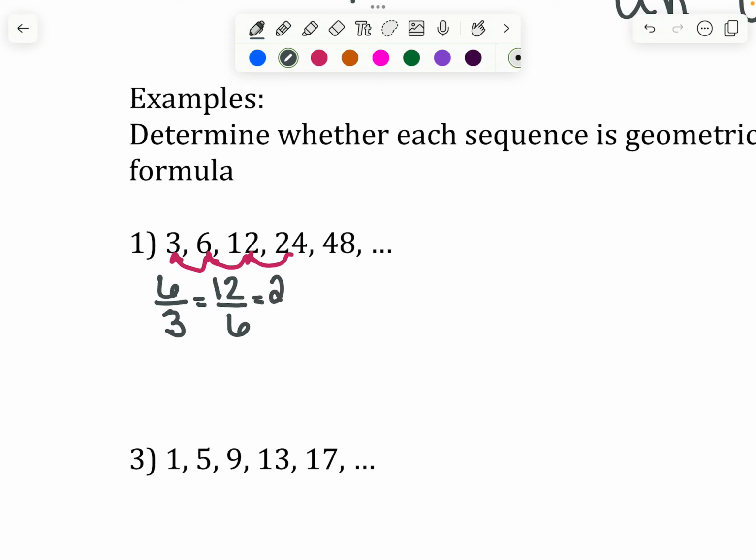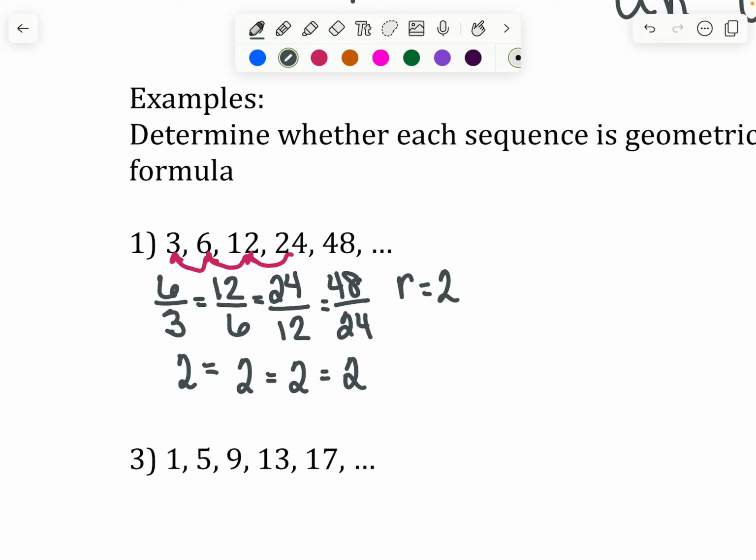And is that the same as 24 divided by 12, and 48 divided by 24? They should always all reduce to the same number. Well, 6 divided by 3 is 2. 12 divided by 6 is 2. 24 divided by 12 is 2. And 48 divided by 24 is 2. So that's going to tell us our r value is 2.